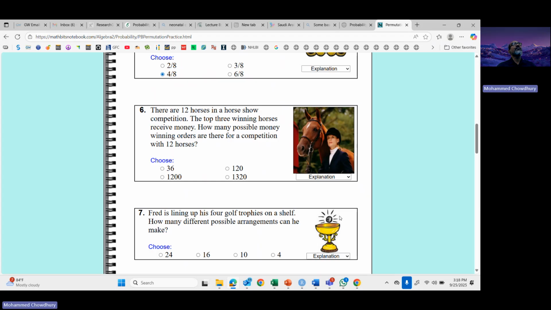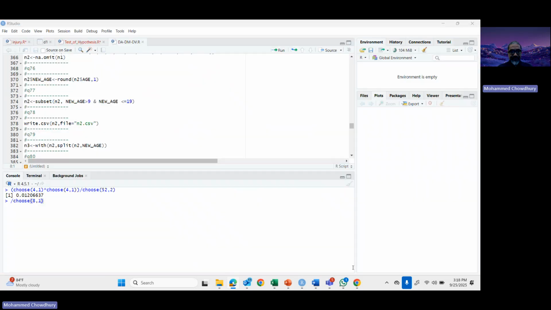If you put 12 permute 3, okay, I think you are right, 12 permute 3. So let me do it this way. It should be factorial 12 divided by factorial 12 minus 3, so that means factorial 9.